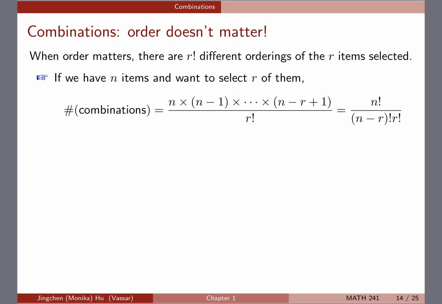And if you have n items and you only want to select R of them, here we are presenting you a formula for computing the number of combinations. As you can see on the right-hand side, the number of combinations you can have is n factorial over n minus R factorial times R factorial.